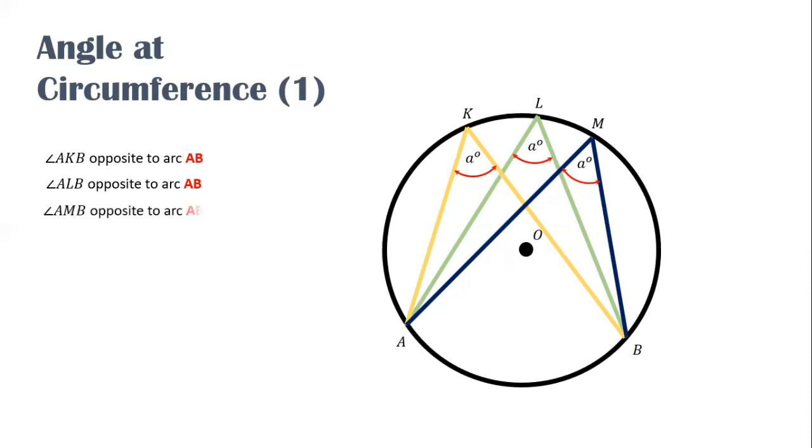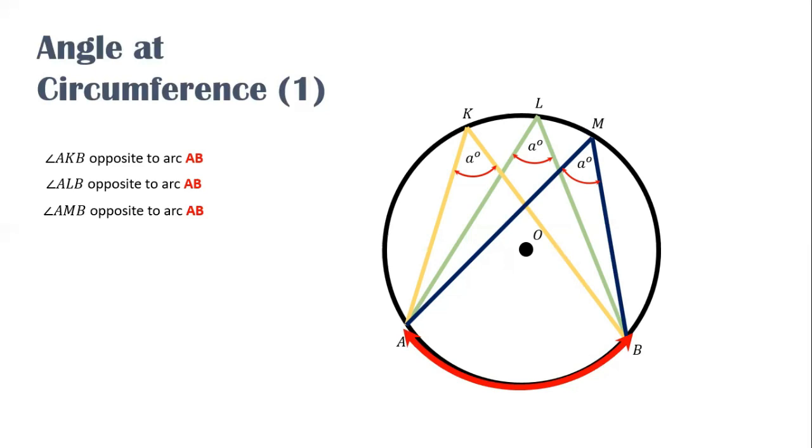And angle AMB is opposite to arc AB. Is it right? Look at this arc. The three angles are covered by arc AB. Again, we call this one arc AB, right?